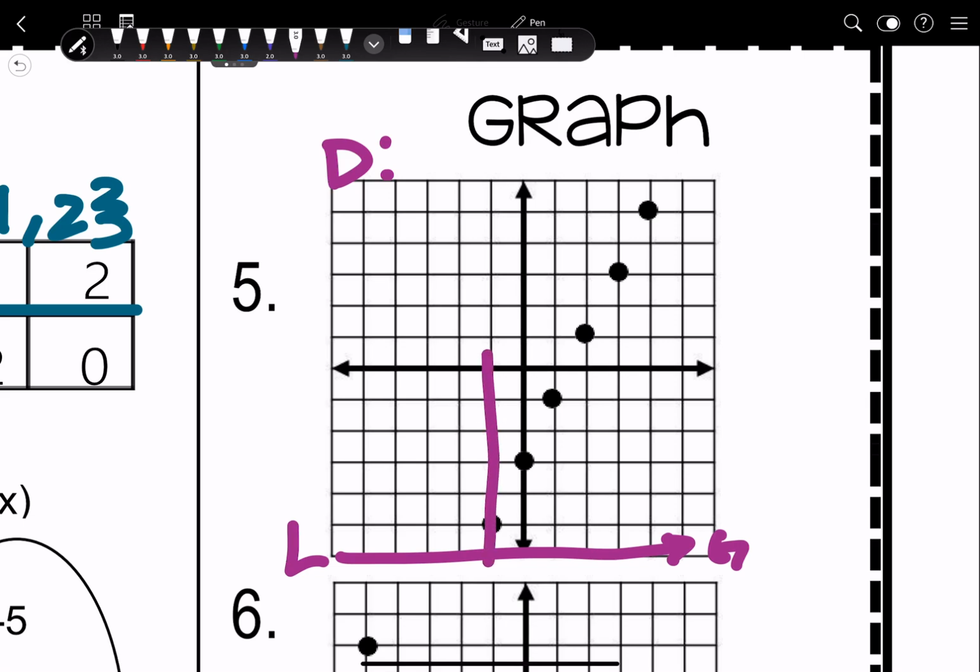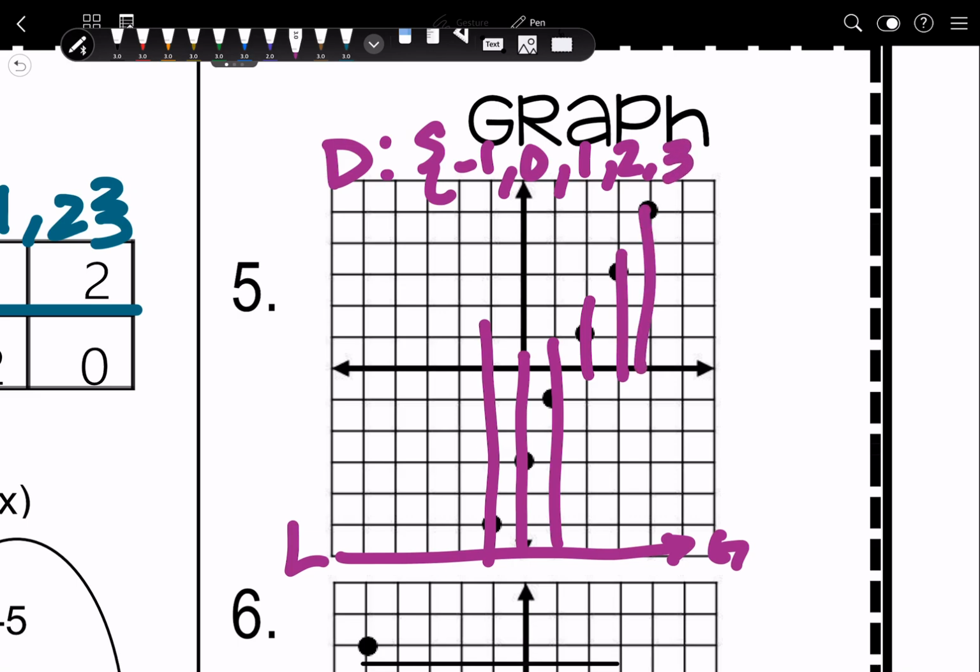And here is your first x value, which is negative 1, 0, 1, 2, 3, and that one is at 5. Right? Sorry, Miss Somji couldn't count for a second. There we go. And guess what? That's your domain. You're done.